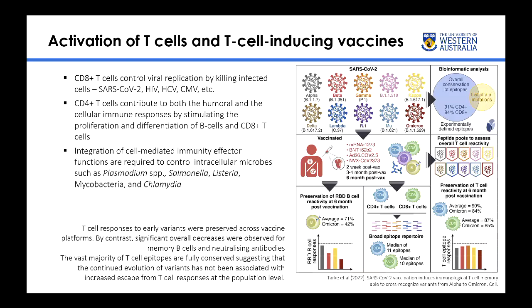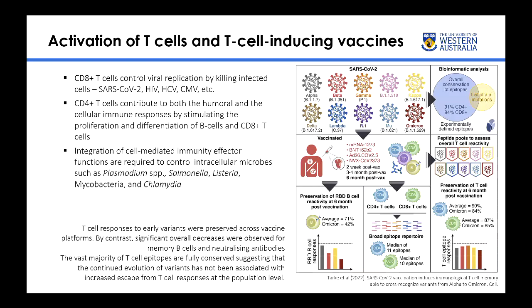However, when you look at T cell responses, that decline is not as drastic as you see in neutralizing responses. So there is a lot of reactivity and preservation of the T cell response, even though the virus has mutated. Here, for instance, the average was 94, and after Omicron, with all those changes, it's still quite high, 84. CD8 as well.